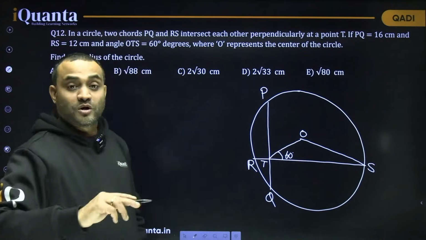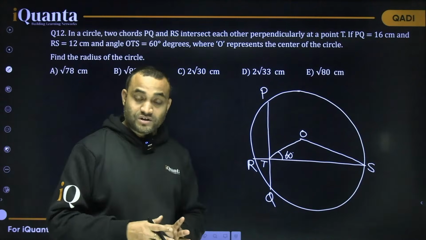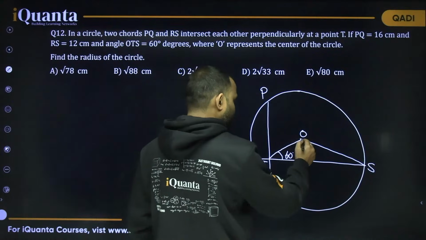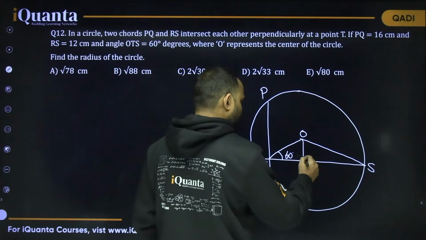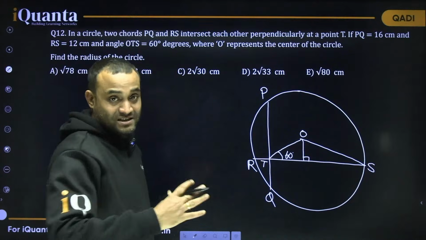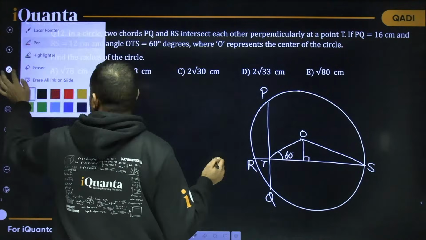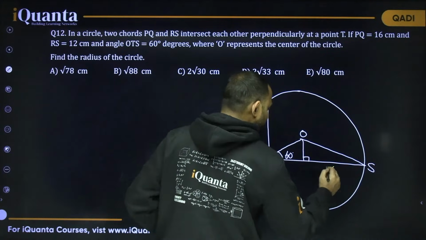See, we need to draw perpendicular because in chords and center, one thing is very interesting, that is perpendicular. If you draw the perpendicular, then what will happen? This bisects the chords. So if RS is 12, this length will become 6.